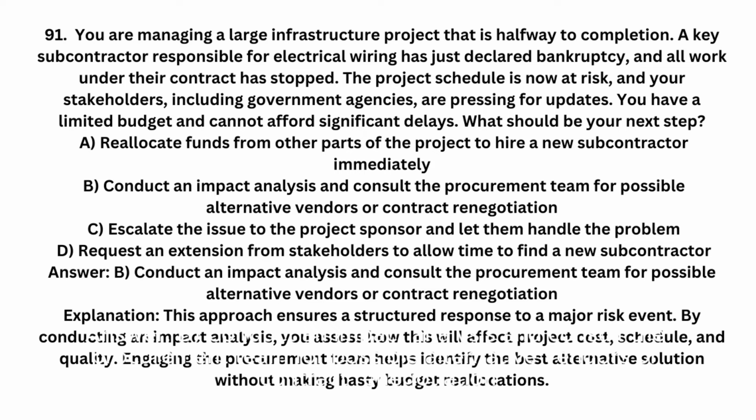Answer: B. Conduct an impact analysis and consult the procurement team for possible alternative vendors or contract renegotiation. Explanation: this approach ensures a structured response to a major risk event. By conducting an impact analysis, you assess how this will affect project cost, schedule, and quality. Engaging the procurement team helps identify the best alternative solution without making hasty budget reallocations.